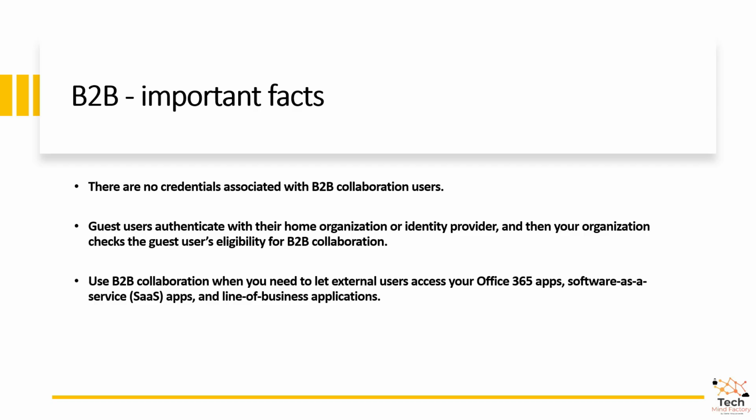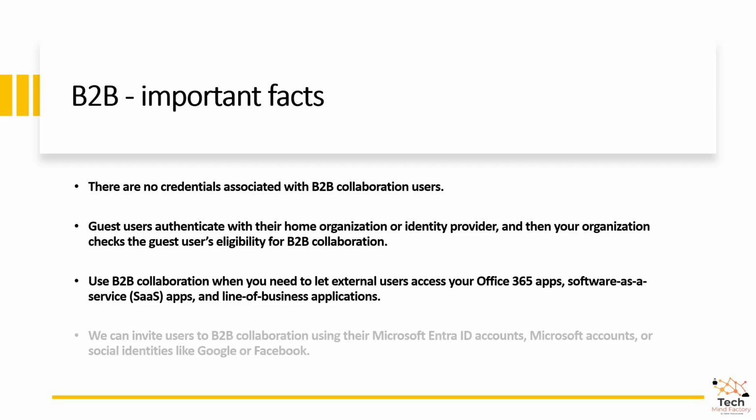So the authentication will work even if the user doesn't have an identity provider or Entra ID, to be more precise. If this user only has an email address, you can still invite this user to your tenant, and this user will use the OTP to authenticate instead of a password.